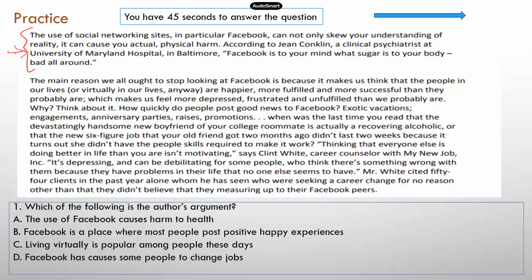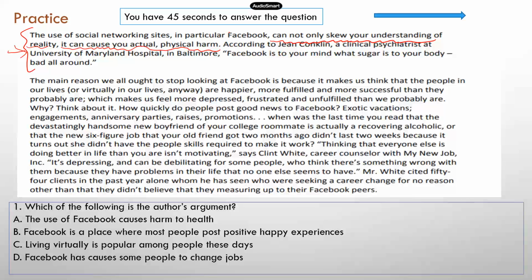And from the first paragraph, you can tell that the author has a very negative view on Facebook. So it says, the use of social networking sites, in particular Facebook, can not only skew your understanding of reality, it can also cause you actual physical harm. Okay, so that's the main statement or claim for this passage.